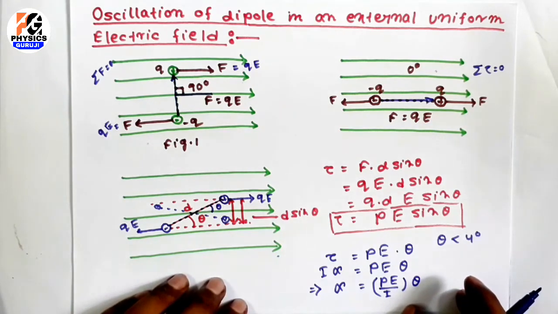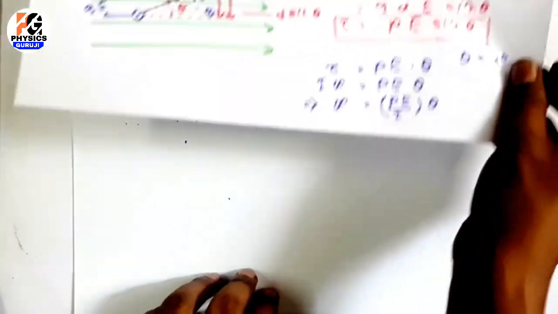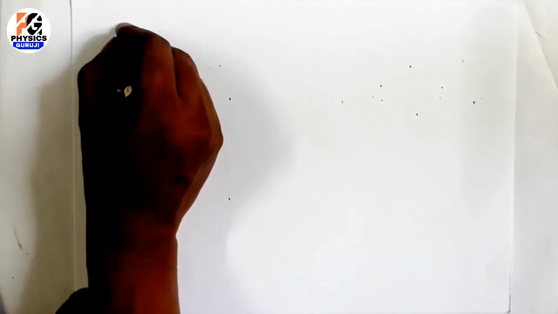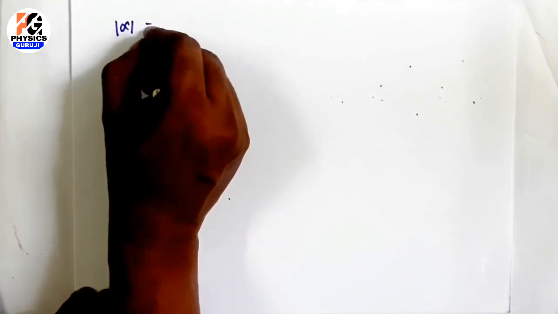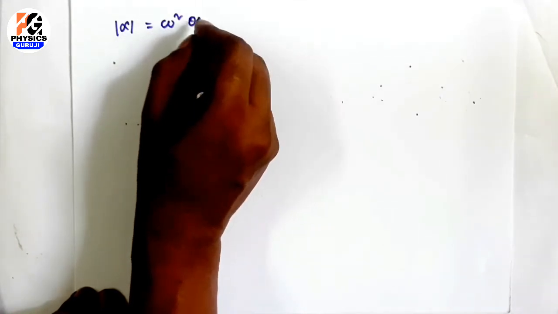Now I have to make a little calculation. We can write that alpha, the magnitude of the angular acceleration, is equal to omega squared into theta.